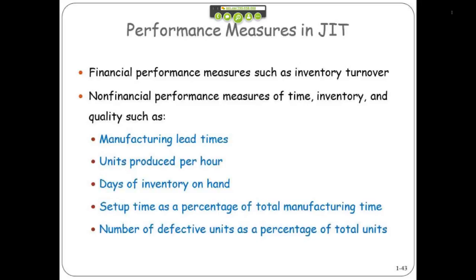Make sure, just like inventory turnover, you don't have a whole lot of inventory on hand. And setup time and number of defects are two metrics you want because, as we've said, you want to minimize your setups and you want to minimize your defects in a well-run just-in-time environment. So if you are a just-in-time organization, you look at metrics like these to ensure that you're doing it well.